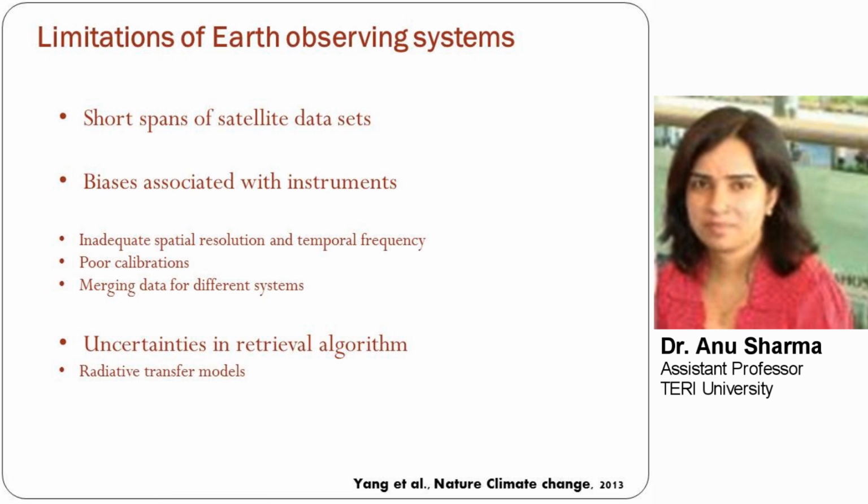If my inputs are correct, the accuracy of the model would also be great, and the outputs would be very accurate. So it also depends on each retrieval algorithm, because these are not direct measurements that you get from an instrument, but retrievals from a particular measurement algorithm. So this is also another limitation when it comes to the Earth observation system.